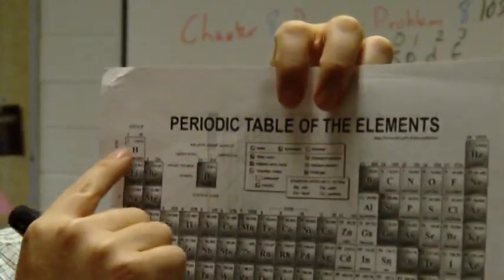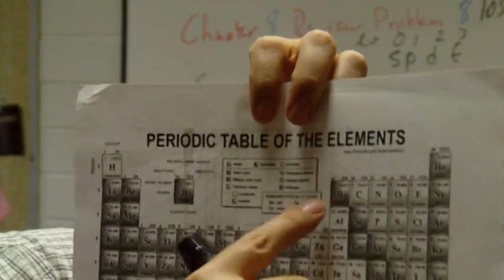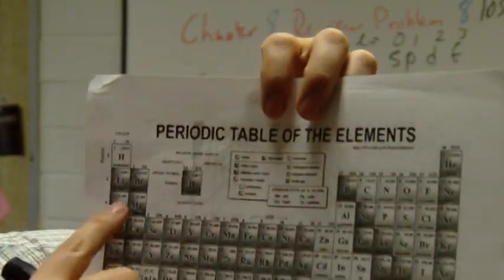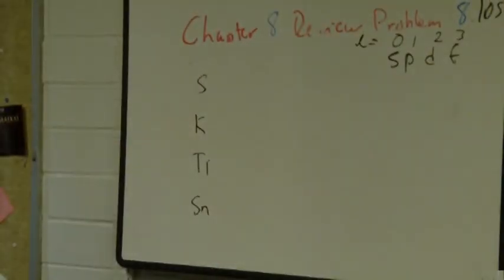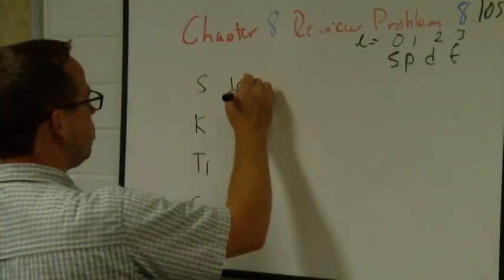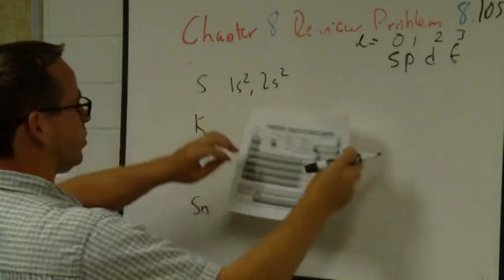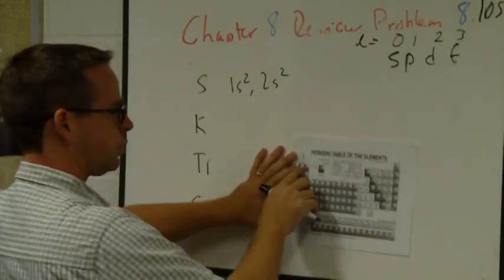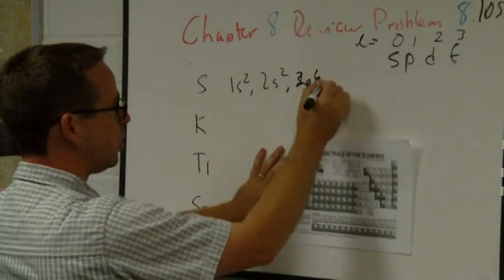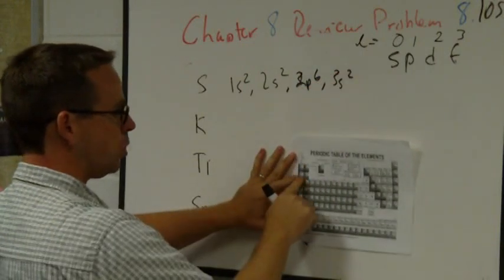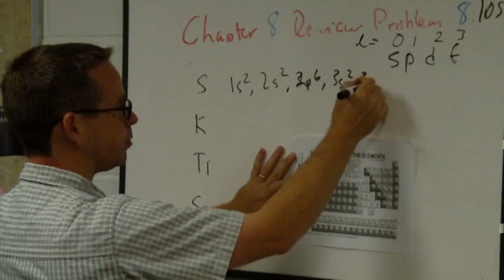This is 1s2, 2s2, 2p6, 3s2, and then 3p4.